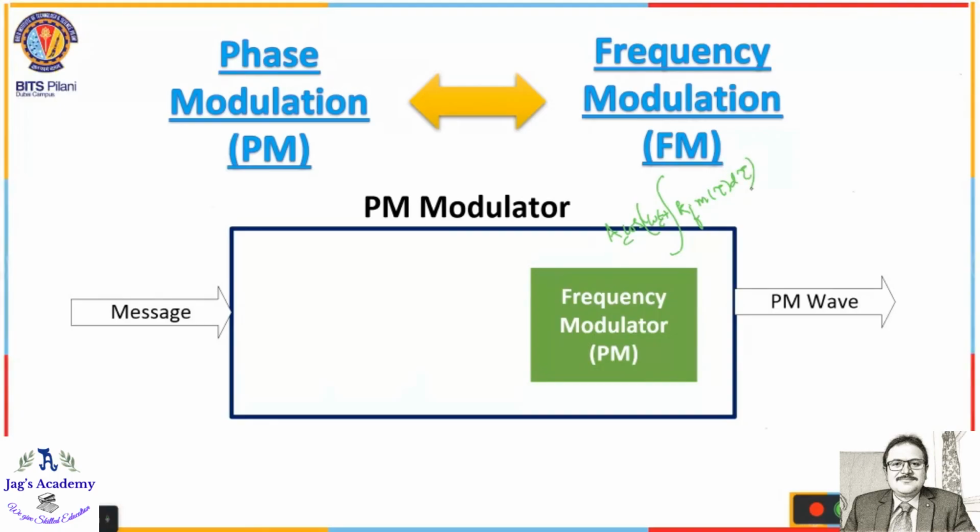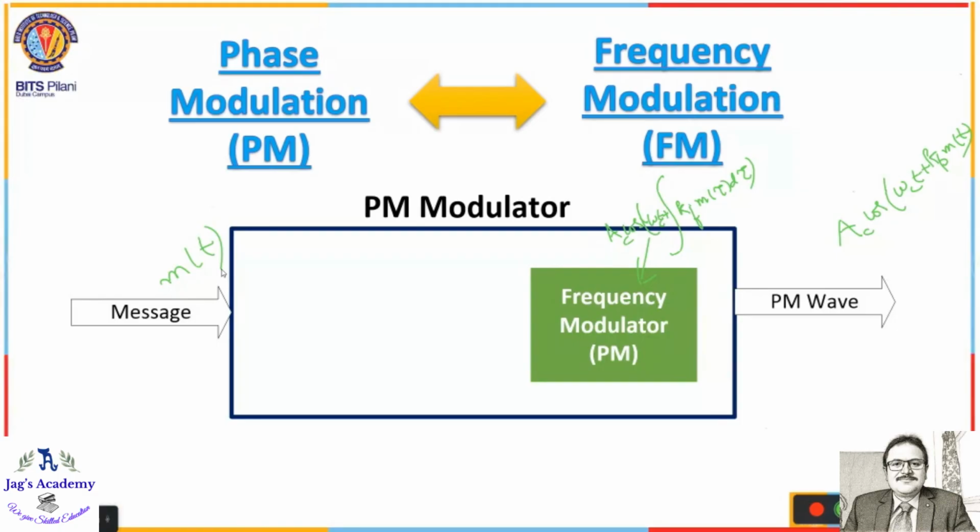What you require here is Ac cos of omega c t plus some constant kp into m of t, right? This is what is required. Phase modulation is required. Now what is given is this one. This is the message signal m of t. Now to get this, what do I require here?